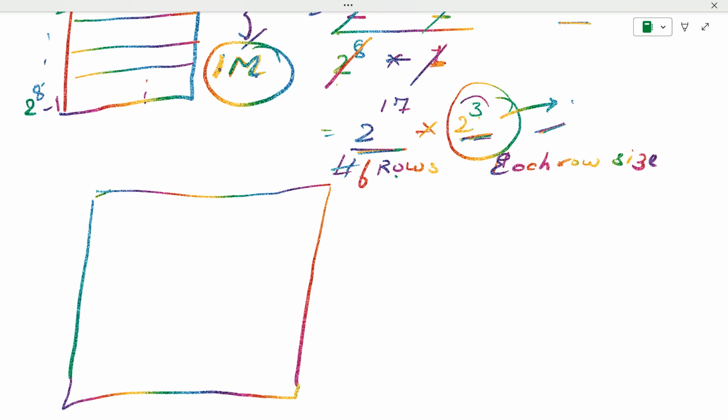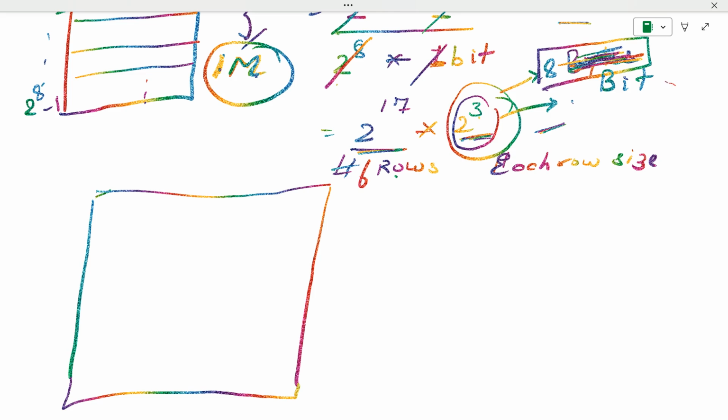So 2 raised to the power 3 is 8 bit, not byte, because we have this in bit. Okay, so 2 raised to the power 3 is 8 bit, and that is equal to 1 byte.